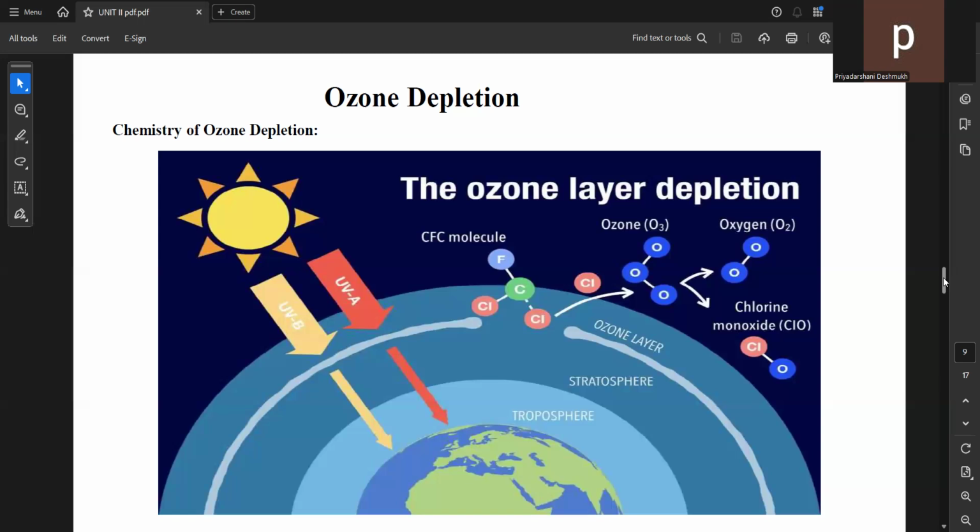Now these atoms react with the ozone, breaking it down into oxygen, that is O2, and the depletion of the ozone layer takes place. Here are some reactions which are mentioned, and this is the ozone layer depletion reactions due to CFCs and the oxygen which is present in the atmosphere.